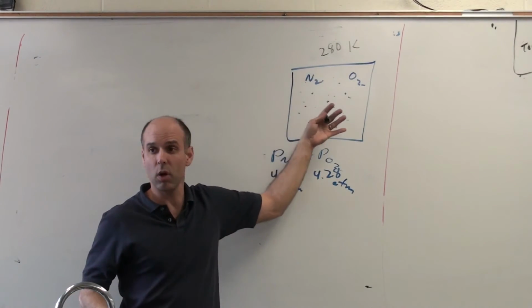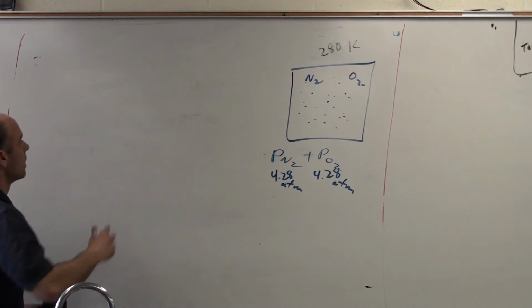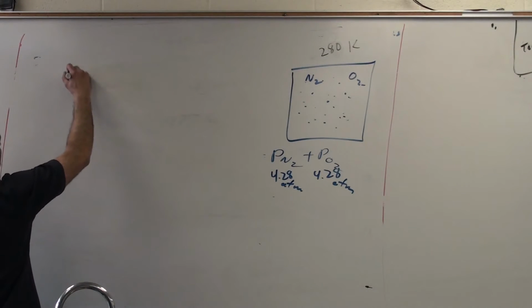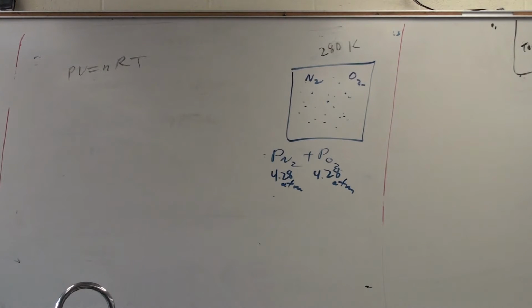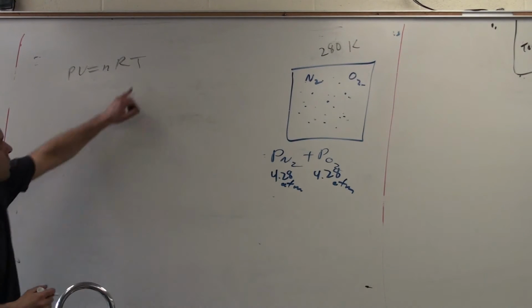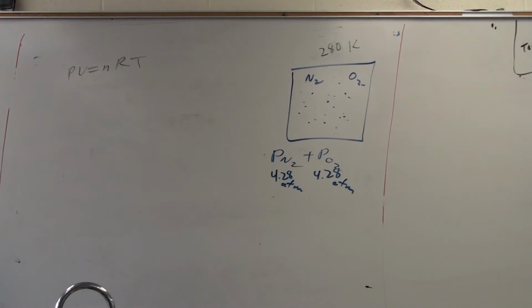So if they're moving slower, they will hit the container with less force, your pressure will be less. So all you have to do is recalculate PV equals nRT, but this time, instead of using 298, you're going to use 280. And that will give you the total pressure. I'll just do that real quick.